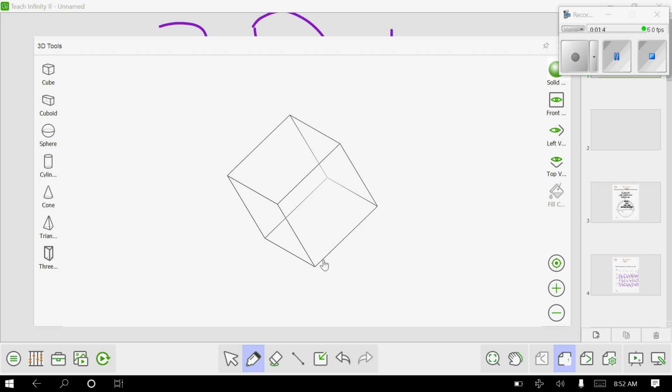And for the edges, I have 12: 1, 2, 3, 4 up, 1, 2, 3, 4 down, and 1, 2, 3, 4 around. All of them are 12.